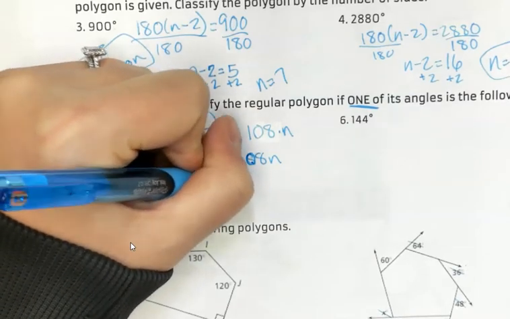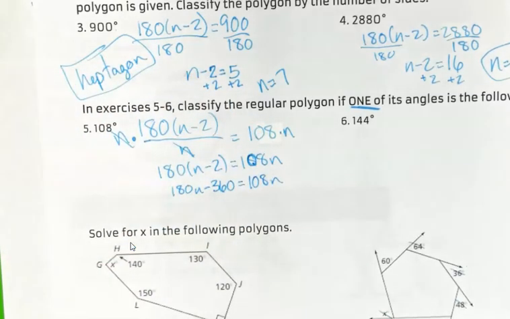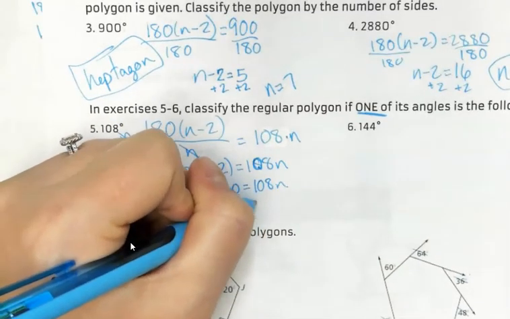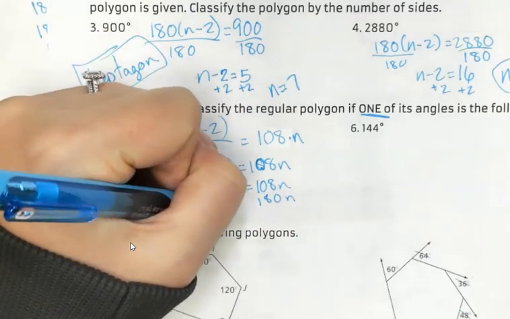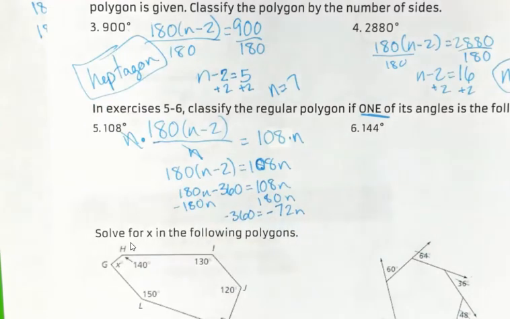180n minus 360 equals 108n. And then subtract 180n on both sides. So it's actually going to be negative 72n. So 360 equals negative 72n.